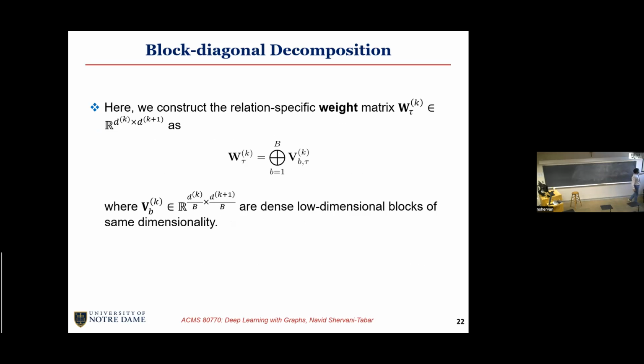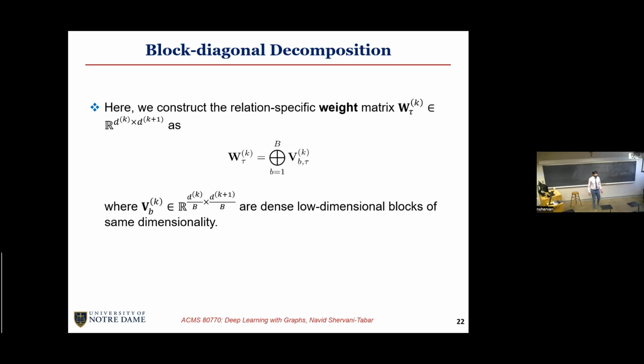Let's say that I have B of these, so I divide the dimensions of W by B, and then I will have a d_k over B times d_{k+1} over B dimensional matrix, and I have B of these. So that's the way to define a sparse weight matrix and reduce the total number of parameters that we have.